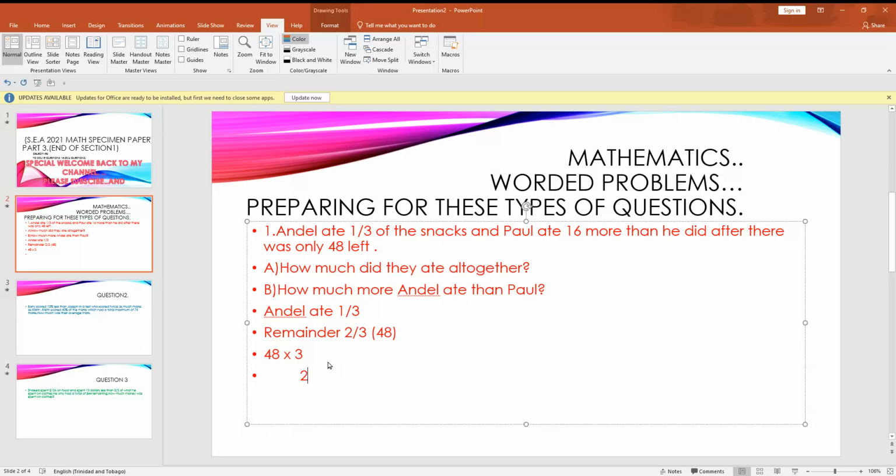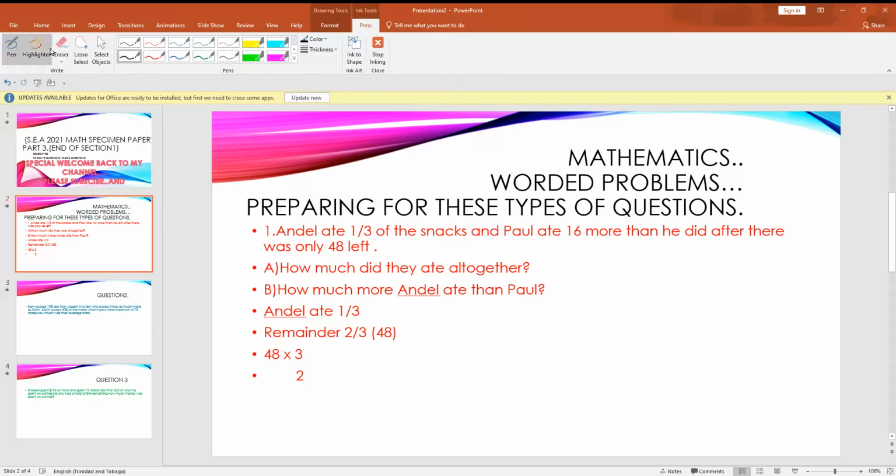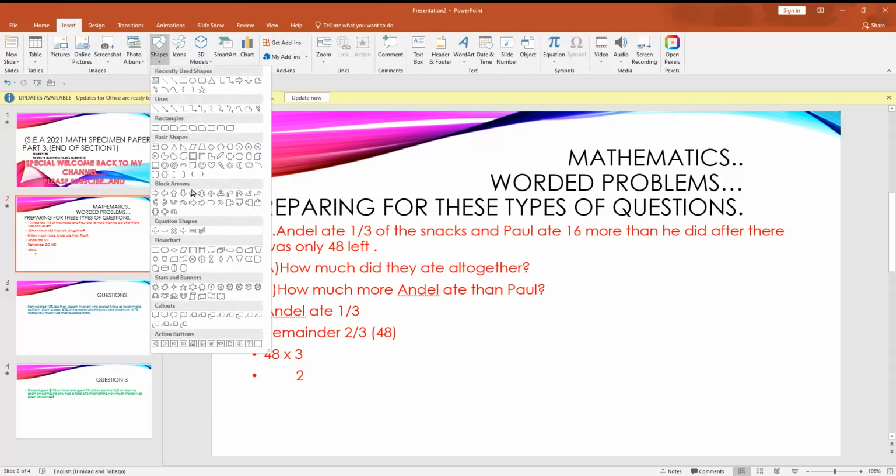Now, this becomes 3 over 2. I'm gonna have to get the pens here. I'm gonna have to insert a shape for it to actually be a fraction so that we can be able to solve it.